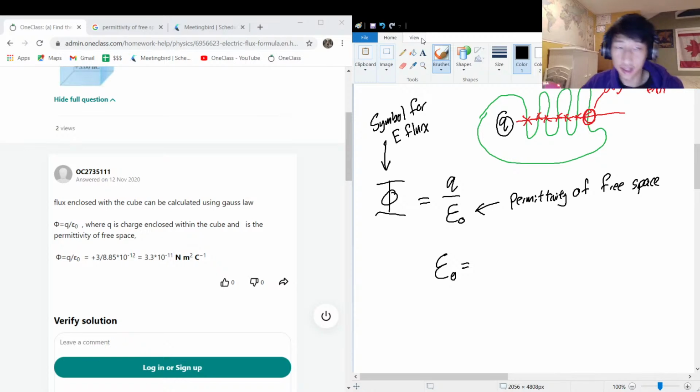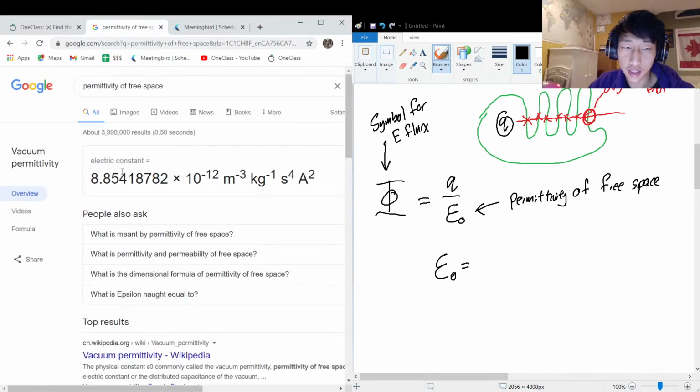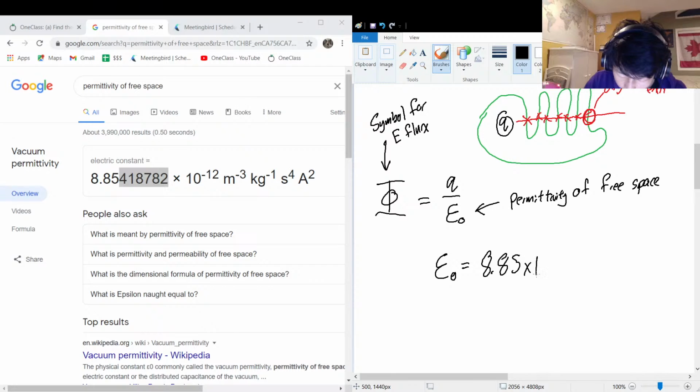The value that it has, asking Google, is 8.85 times 10 to the power of negative 12, multiplied by seconds to the power of 4 times amperes squared over meters cubed kilograms. Yeah, that is a scary unit, but it's nothing to be worried about. We don't really worry about all that decimaliciousness.